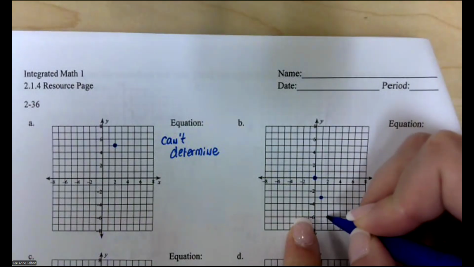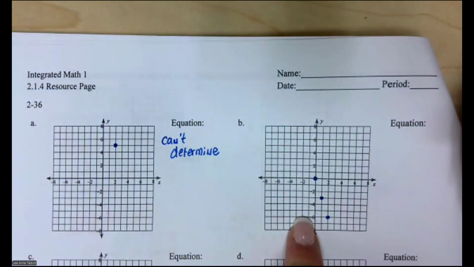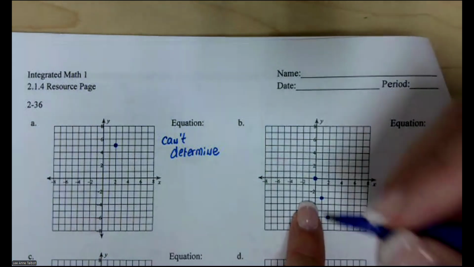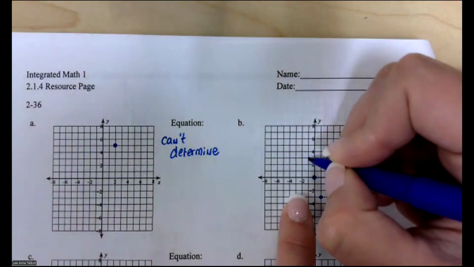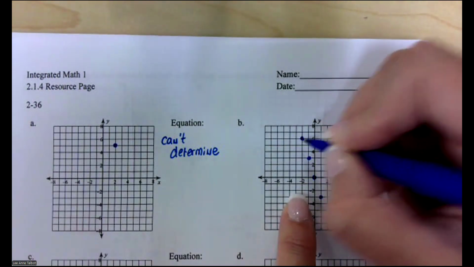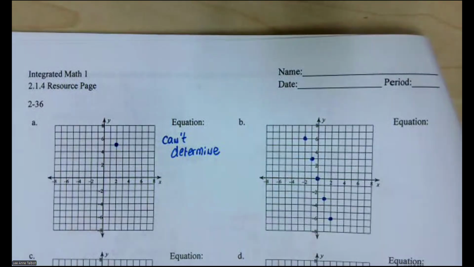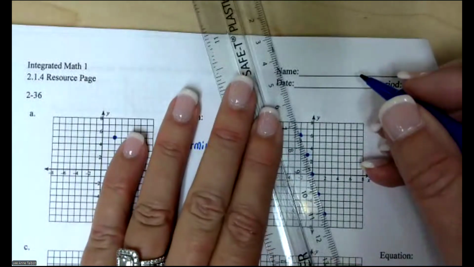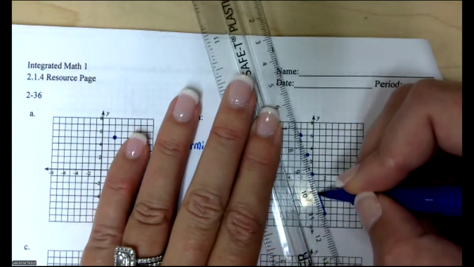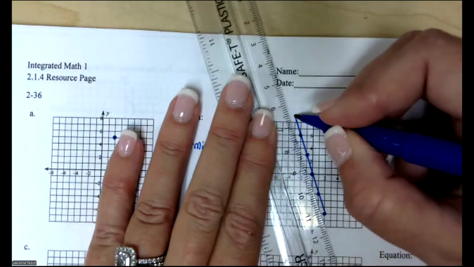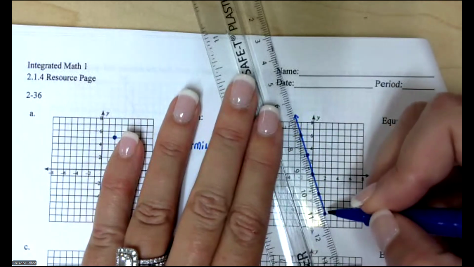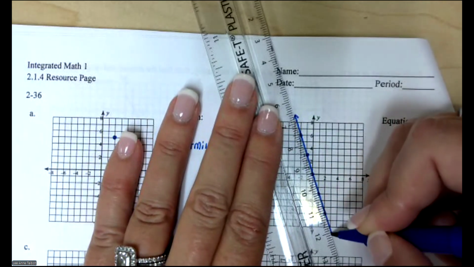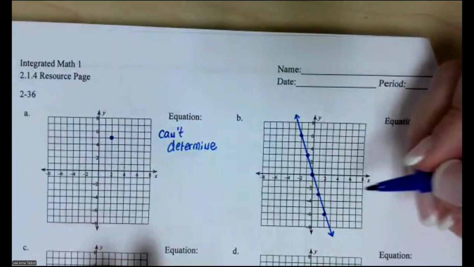Down 3 over 1. And then I always want you to backtrack. So up 3, back 1, up 3, back 1. Fit as many dots on the graph as you can. The reason I like you to backtrack is because sometimes they go off the graph and you need to be able to backtrack to fit it on your graph paper.